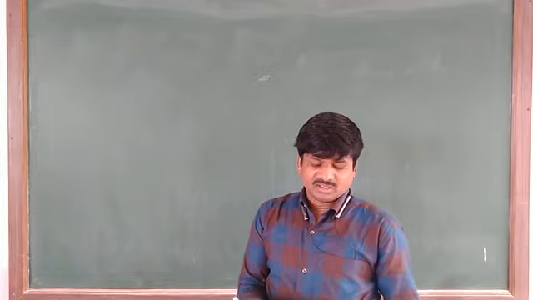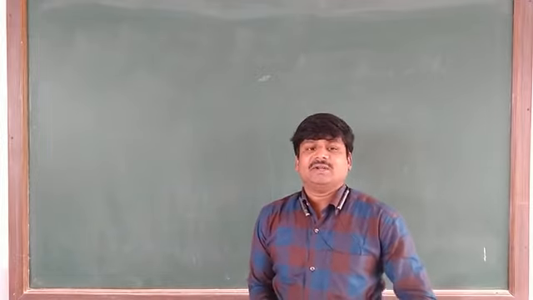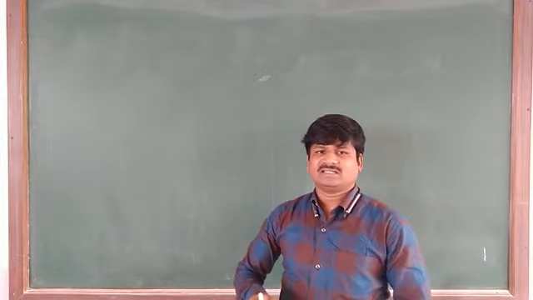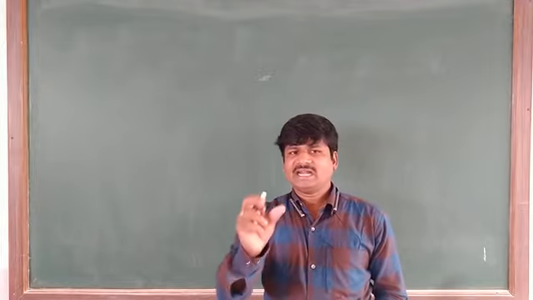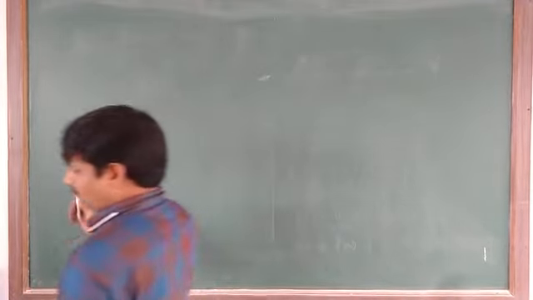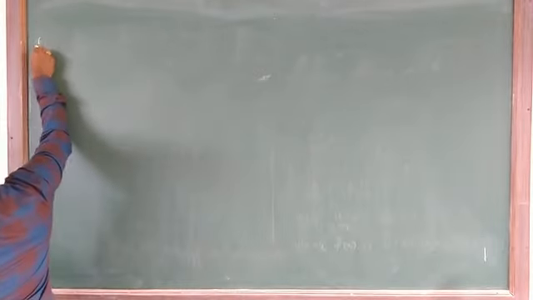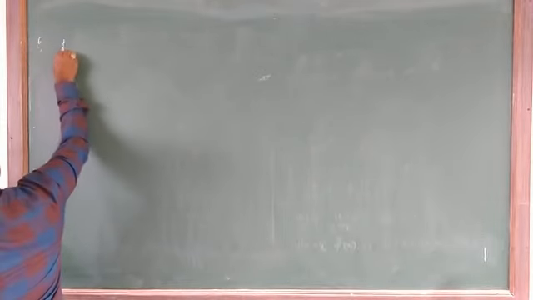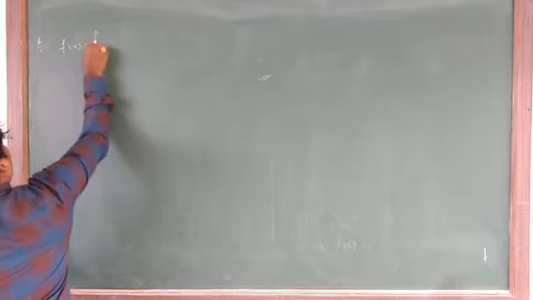Find all points of discontinuity. Discontinuous points are asked. That means we have to find where the given function is discontinuous. To check that, what is the first question given? First question means here 6. The function f of x is given here. What is the function f of x?